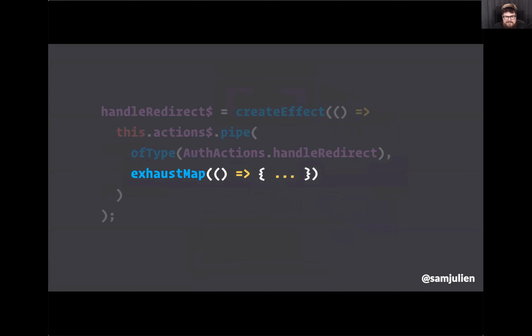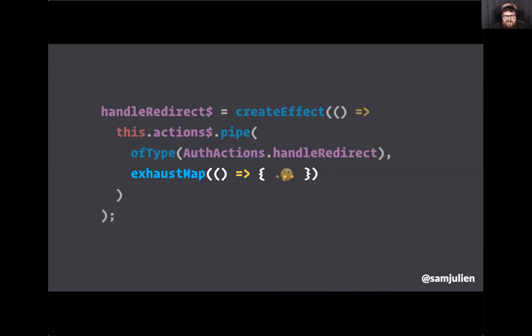Then we have our RxJS operator. Here we're using exhaust map. Exhaust map just ignores subsequent requests. So if you click on a button once, it waits for that request to complete. If you were to click it a bazillion times, it would ignore clicks 2 through bazillion until the first one completed.